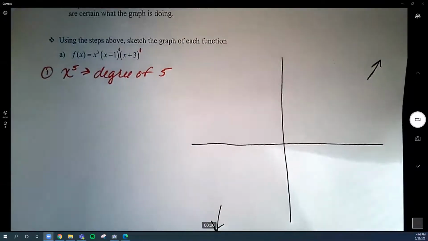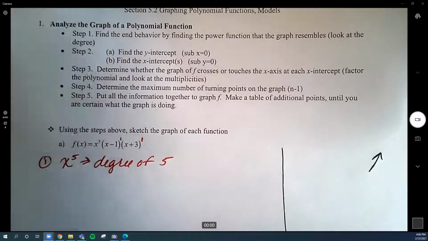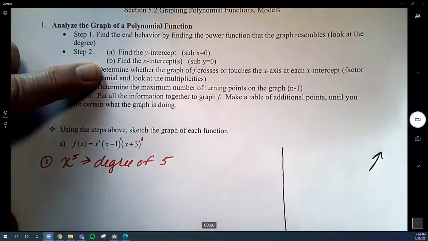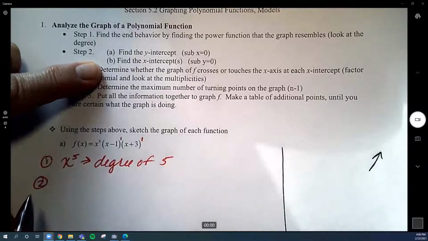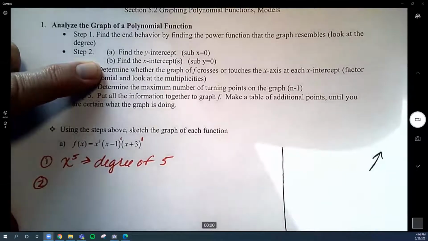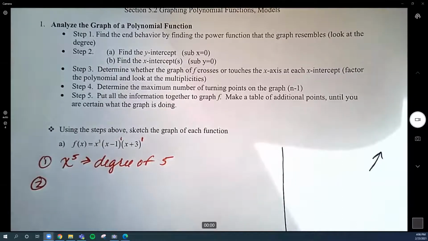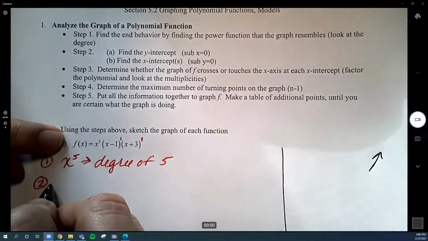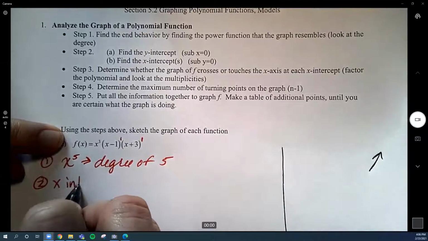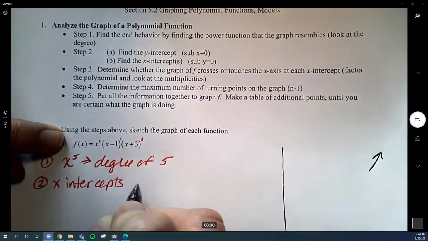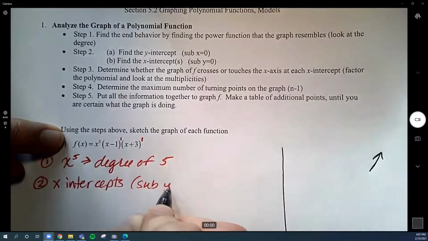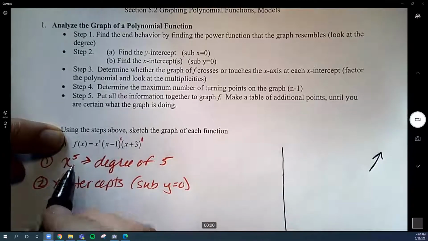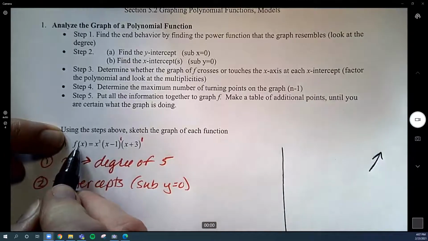Once we know what the end behavior will look like, the next step says, now find the intercepts. So let's go to step 2 and find the intercepts. Remember, when you find the intercepts, you always plug in the opposite letter for 0. So if I want to find the x-intercepts, we substitute y is 0. Remember, f of x is the same thing as y.